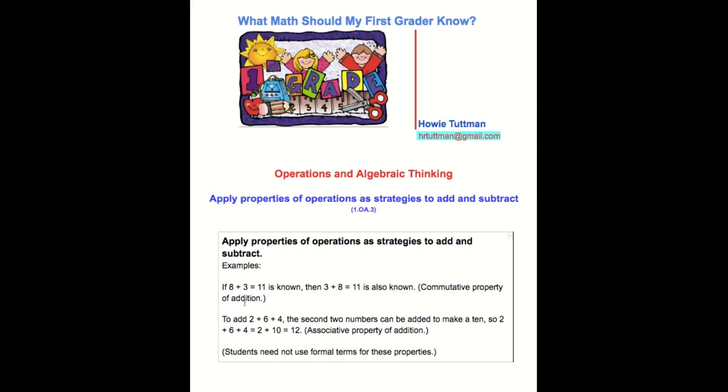Commutative property of addition. To add 2 plus 6 plus 4, the second two numbers can be added to make a 10. So 2 plus 6 plus 4 is equal to 2 plus 10, which is equal to 12. Associative property of addition. Students need not use formal terms for these properties.